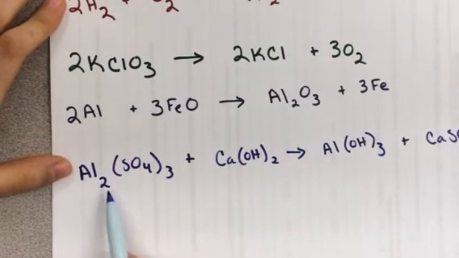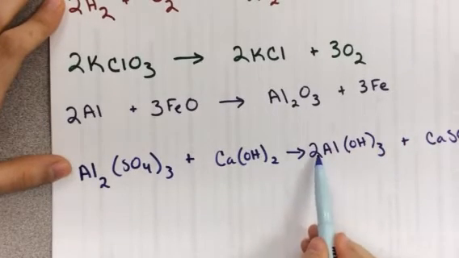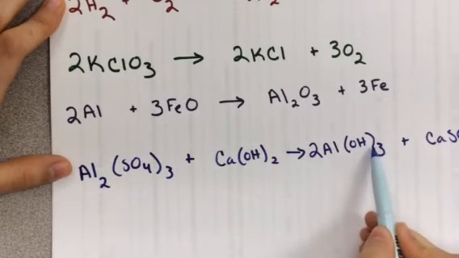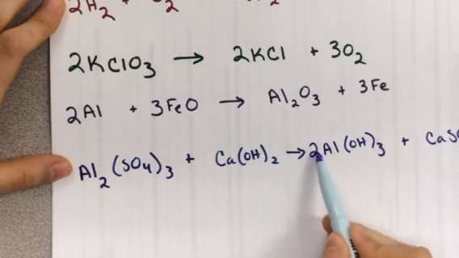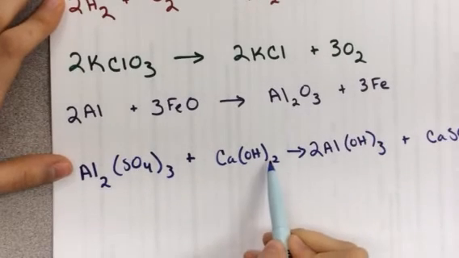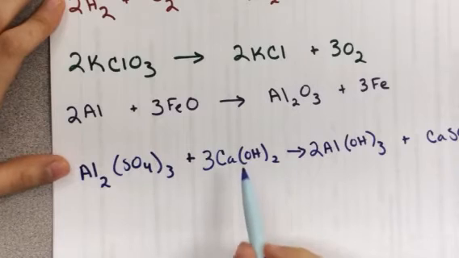We've got 2 aluminums on this side, only 1 here, so we can add a 2. Now we have 3 hydroxides on this side, but remember, we now have 2 aluminum hydroxides, so that makes 6 hydroxides here, and we only have 2 here, so we need to add a 3 there.